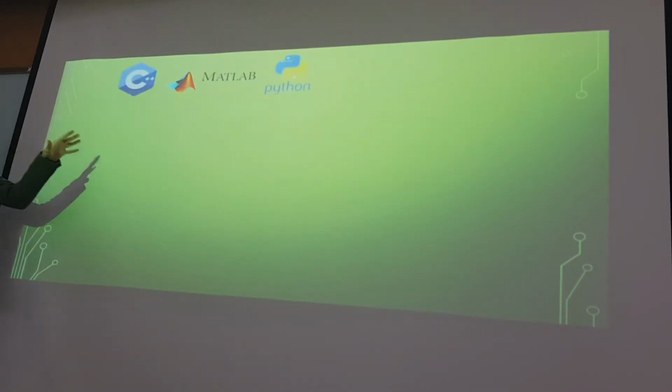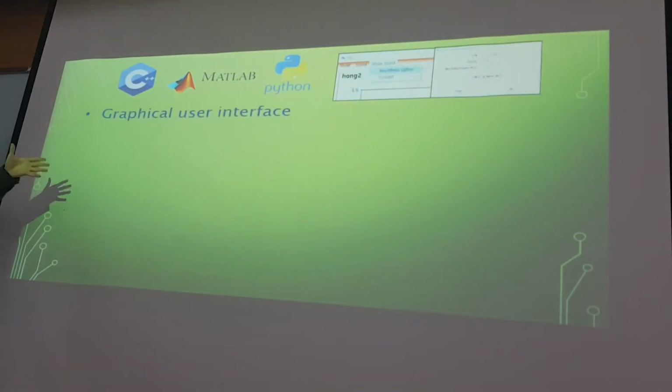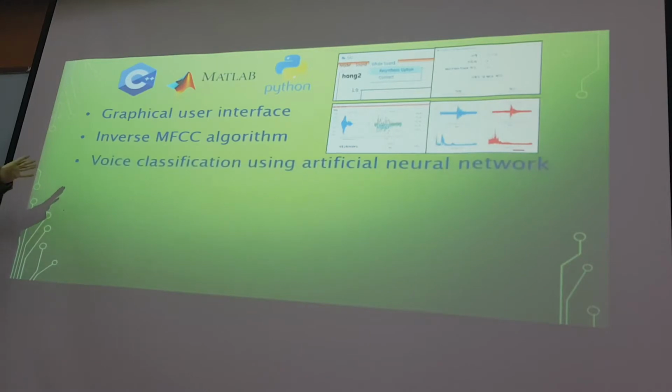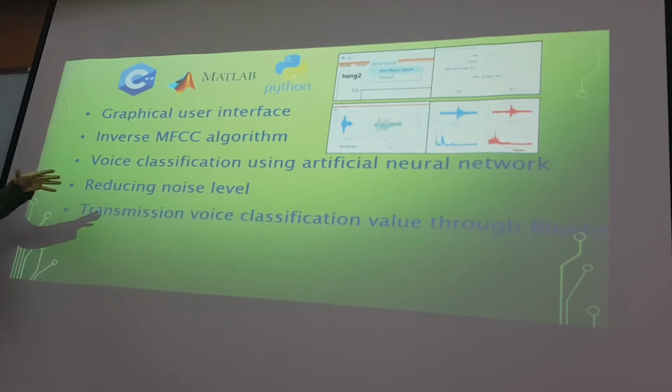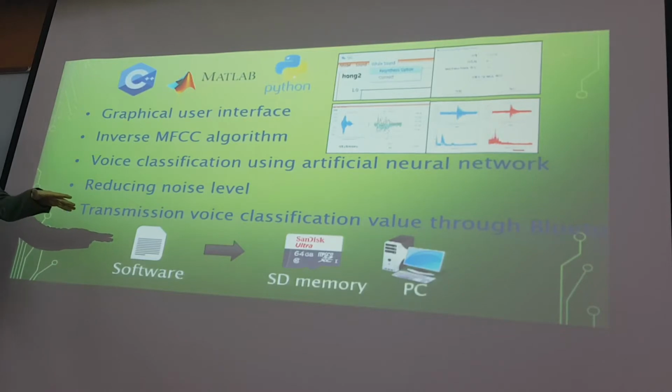C++, MATLAB, Python were used in order to make a graphical user interface for PC, inverse MFCC algorithm, voice classification using artificial neural network, reducing noise level, transmission of voice classification values through Bluetooth, and completed software, installed into SD memory, and also onto the personal computer.